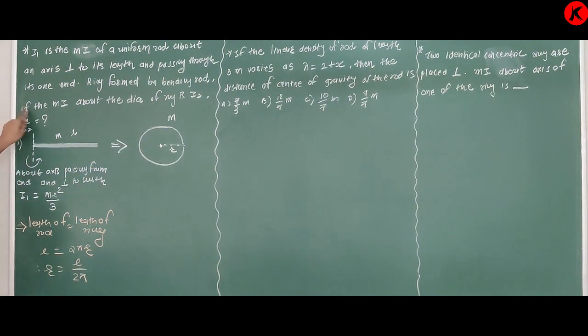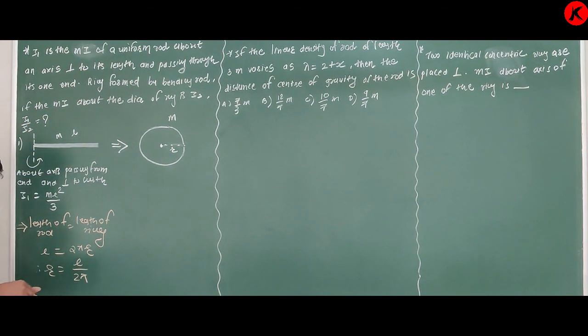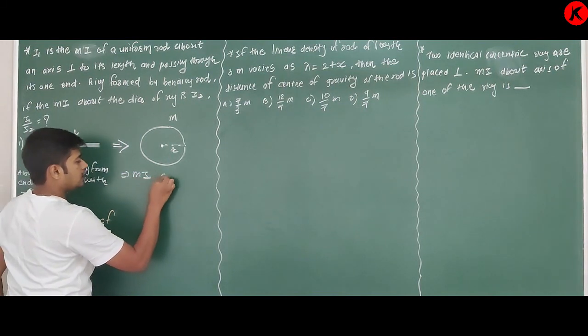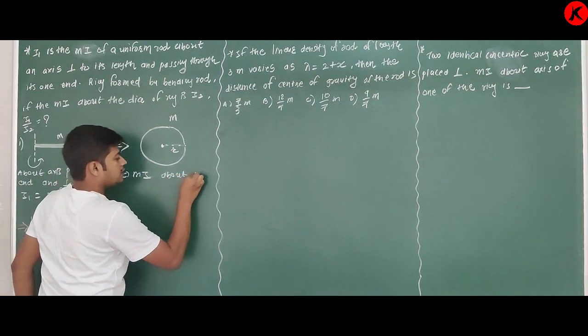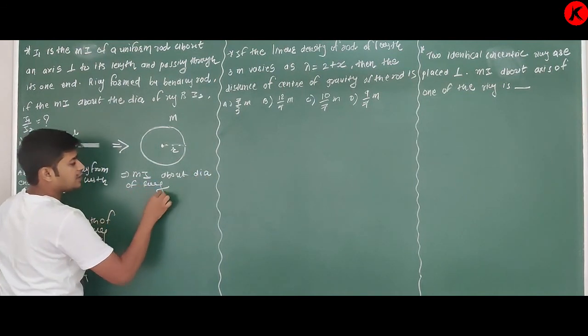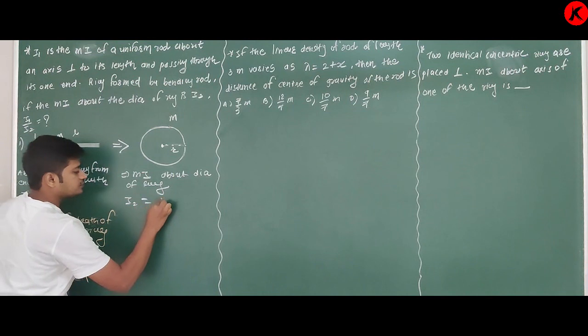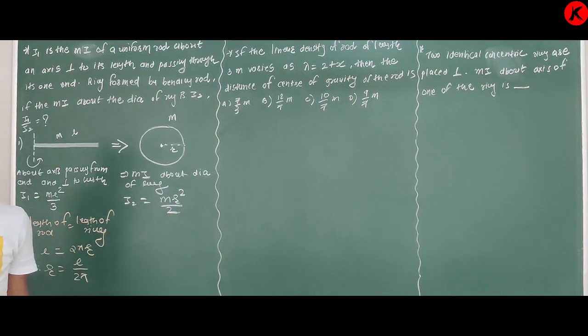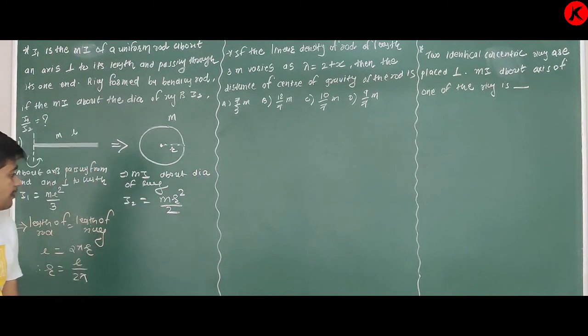Now, the moment of inertia about the diameter of the ring, you know this, okay? The moment of inertia about the diameter of the ring, that is I2. Its equation is mr square by 2. About the diameter, it is mr square by 2.